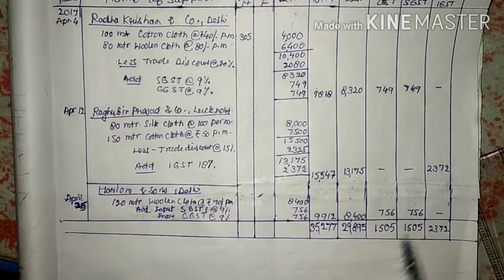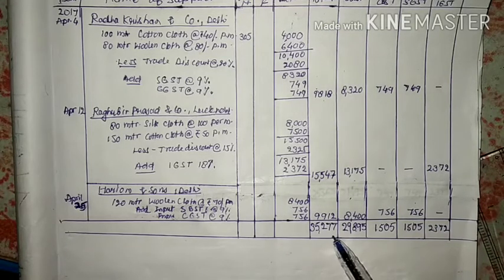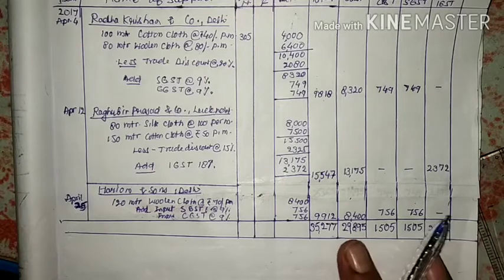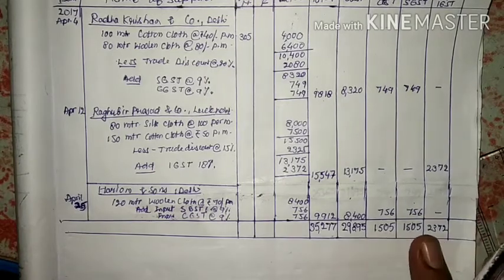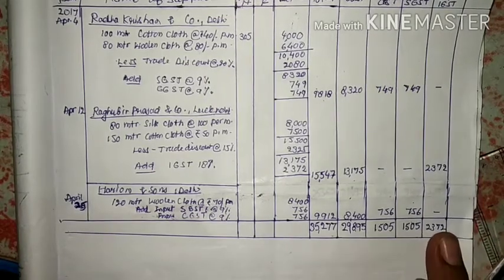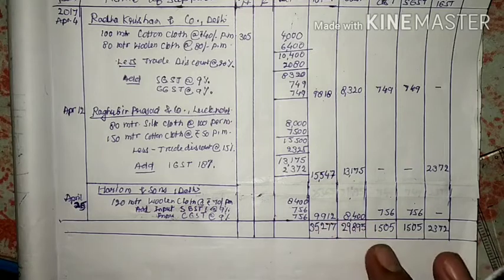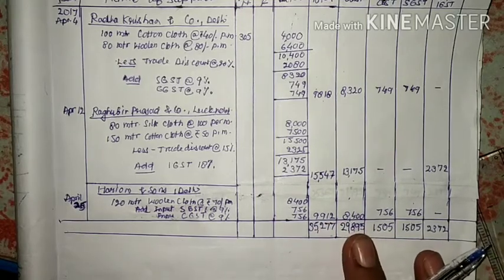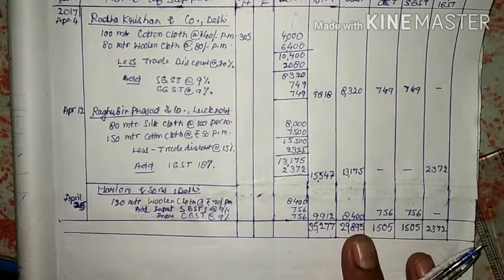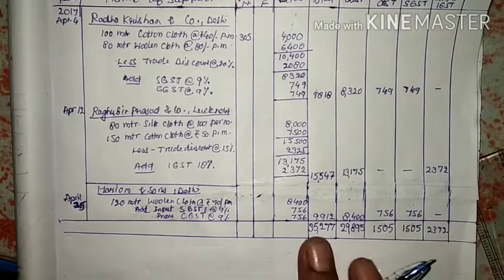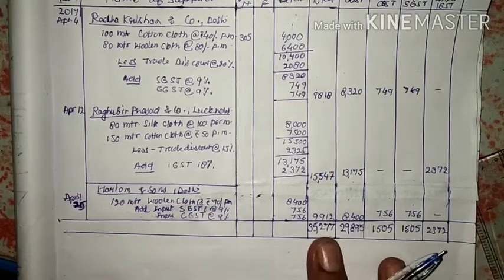Now we will total up the columns. Here the total amount is 35,277. This is inclusive of cost, input CGST, SGST and IGST. Total means whatever the total cost of purchases is, and on this whatever different GST is applied is added in that. This 35,277 is that one.